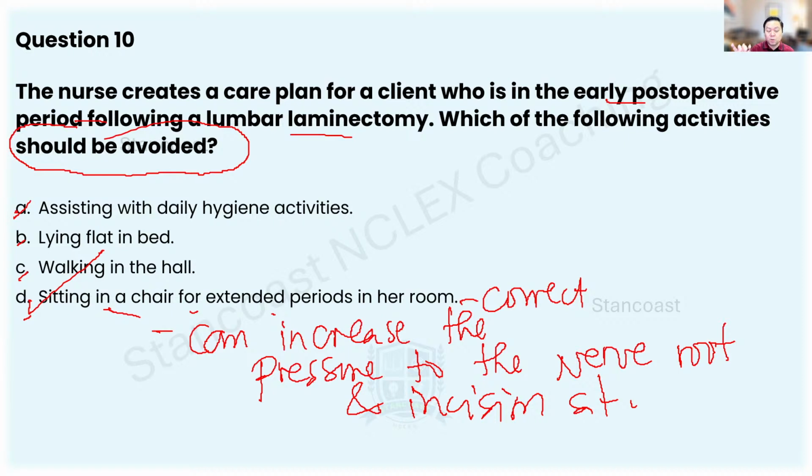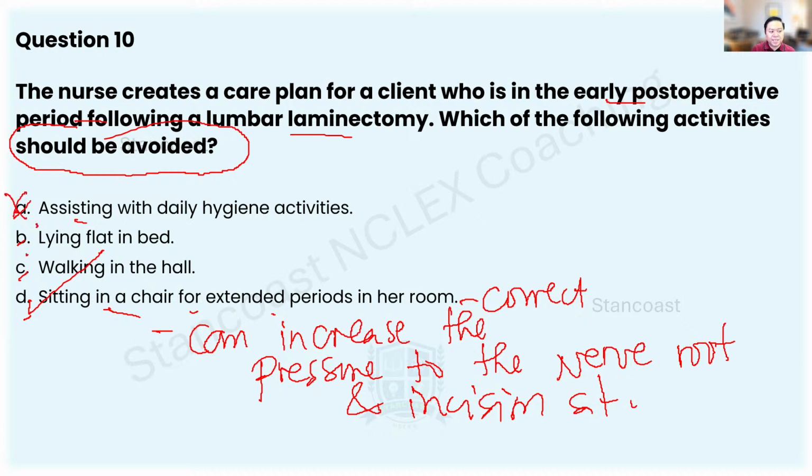And this will also help them out with the overall recovery. But then again, this should only be limited by the client's pain and also the weakness. So again, they should be assisted. But this is not going to be avoided this time.